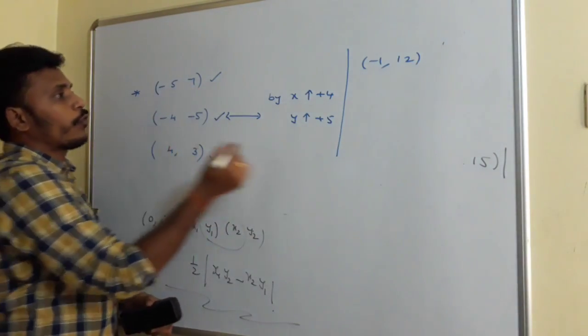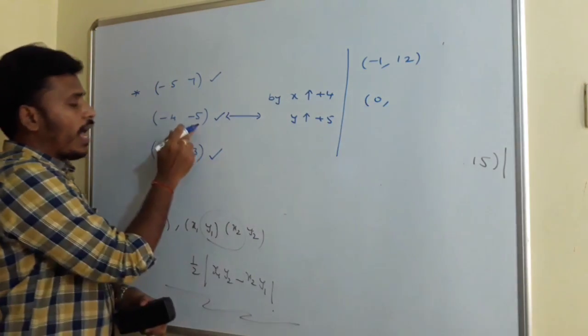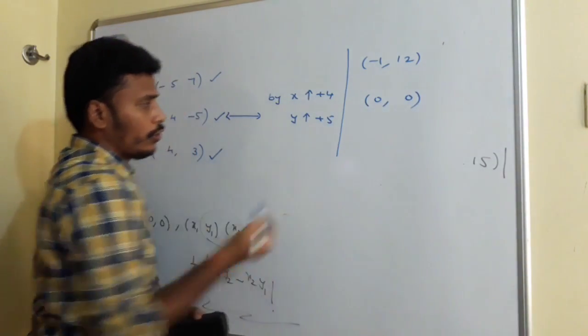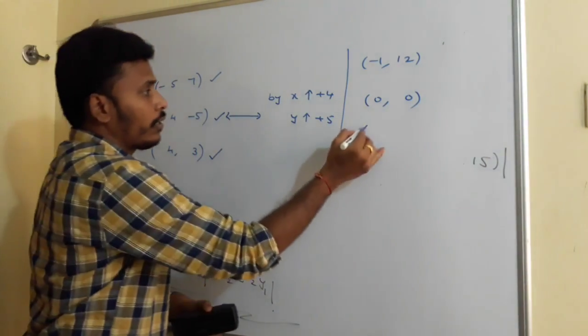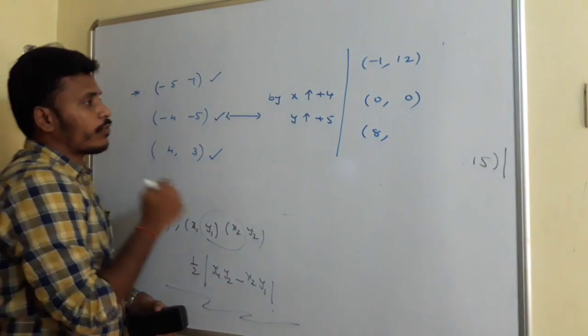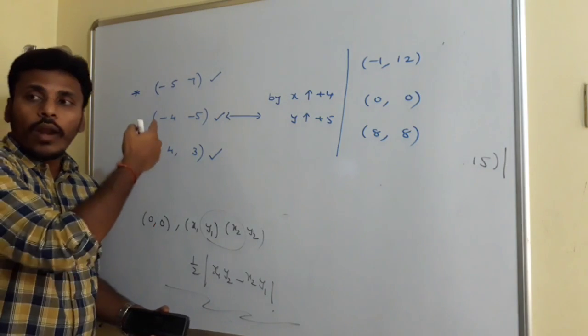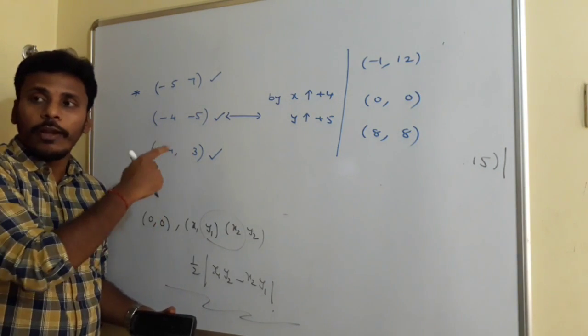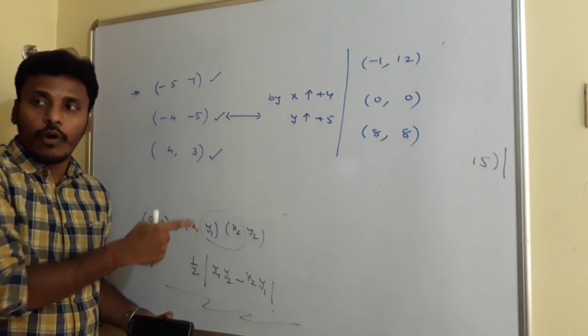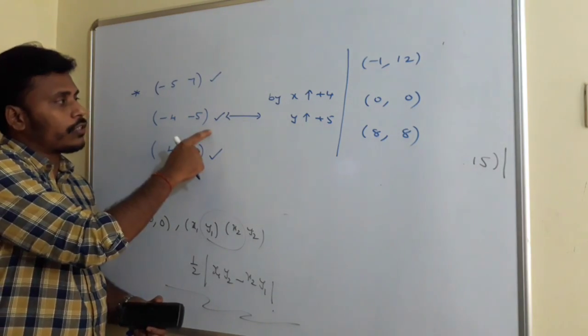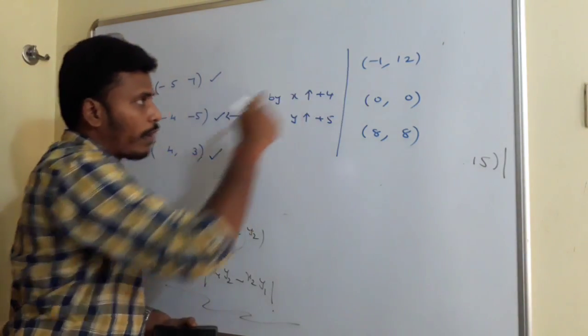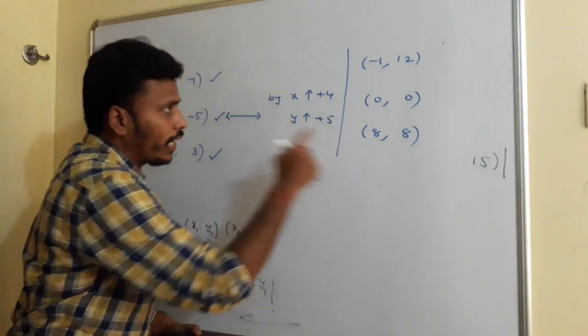Now add plus 4 here, it becomes 0, add plus 5, it becomes 0. Add plus 4 here, it becomes 8, add plus 5, it becomes 8. If you raise the x coordinate of every point by 4 and the y coordinate by 5, it becomes 0 comma 0, and this vertex converts to minus 1 comma 12, and this one to 8 comma 8.